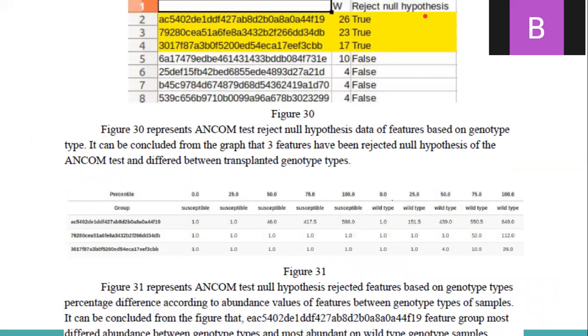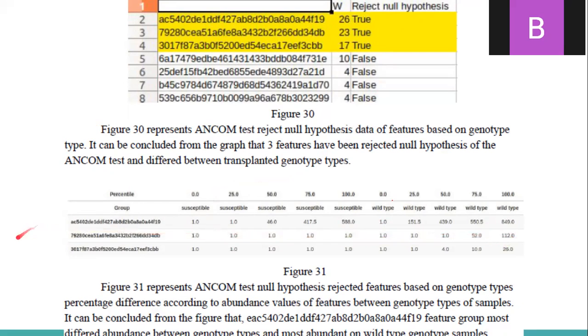in figure 3 variants we have seen, and these are the figures that have been rejected. The null hypothesis means they are different significantly among the genotypes, and this is for showing the difference, how much different they are from each other.